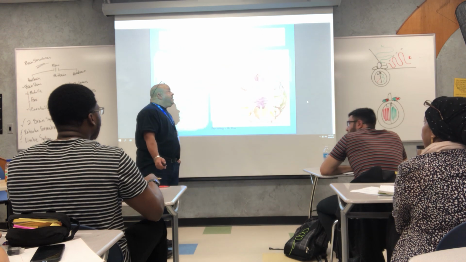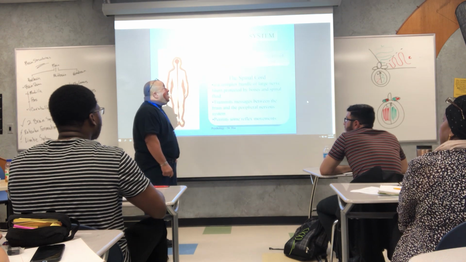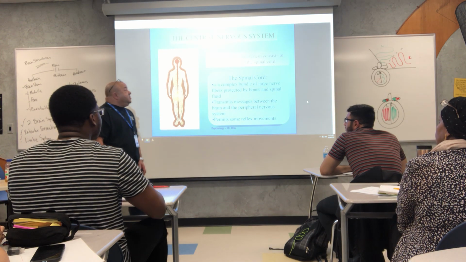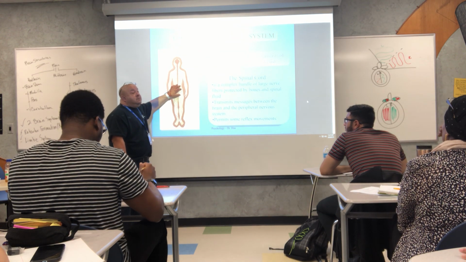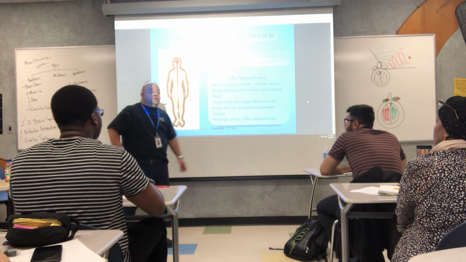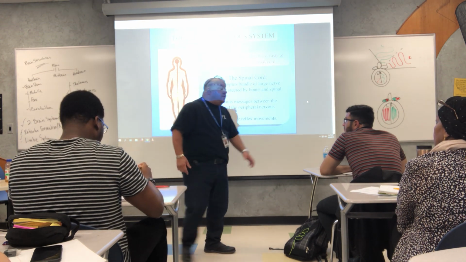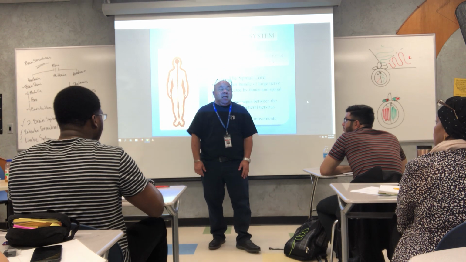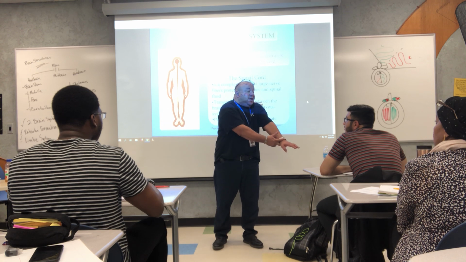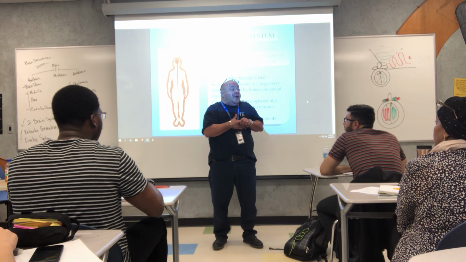All right, so let's go back here to the beginning of the presentation. And now we're going to talk about the central nervous system, which is made up of the brain and the spinal cord, right? So the spinal cord actually controls some things on its own. For example, if you touch something hot, the spinal cord will actually have a reflex to pull that away, right?